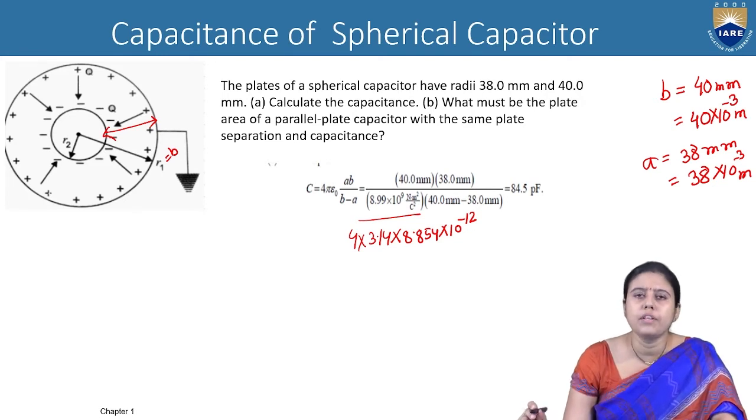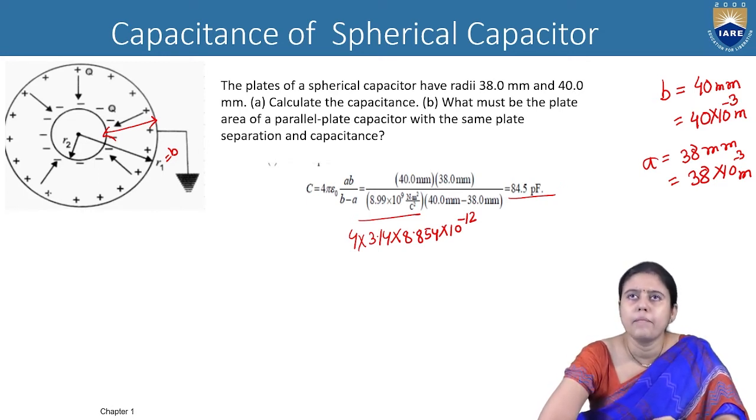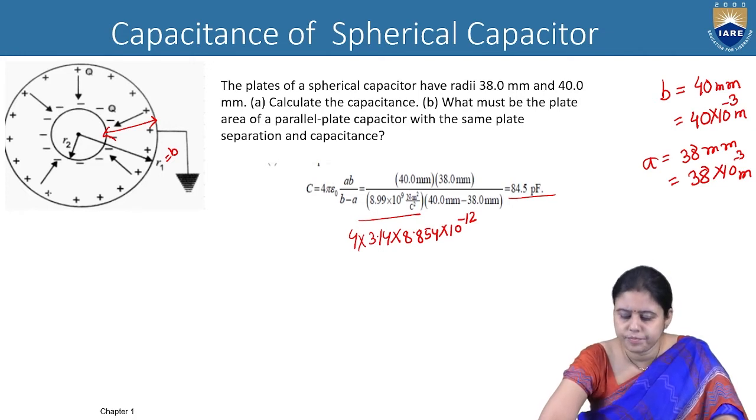If we solve the problem, we will get the answer 84.5 picofarad. Pico means 10 to the power minus 12 farad.